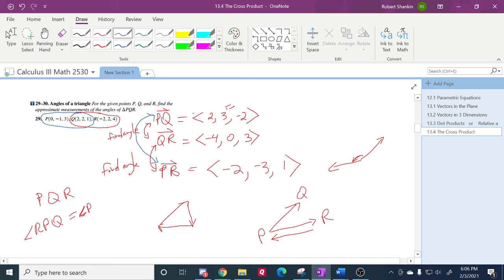And then if you did QR, then I probably would use something like QR and QP. And then I'd initiate it at Q again. QP, get these 2 vectors. And then come up with your other angle from that point Q. That's right. Thank you.